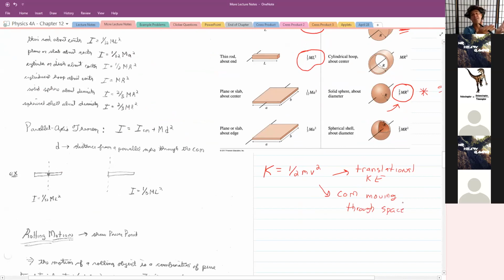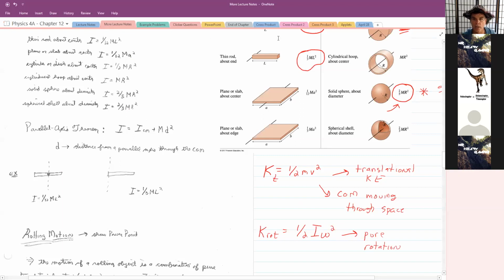So anytime I have a solid object which is moving through space, it has this translational kinetic energy. I also have a rotational kinetic energy, which is 1/2 I omega squared. This is just pure rotation.